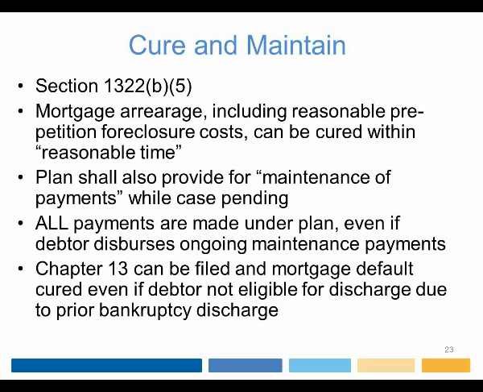This only works if the consumer can make payments both on the arrearage, and they have to be able to maintain their regular ongoing payments while the case is pending. So there has to be that sort of feasibility analysis to figure out whether that is affordable for the homeowner. That's pretty much it on that.